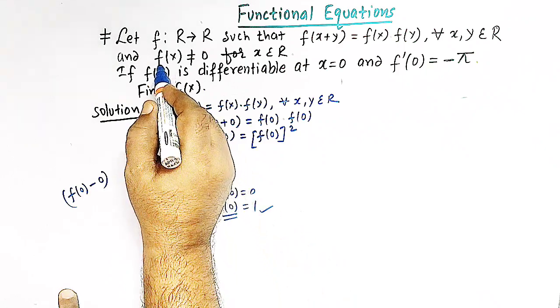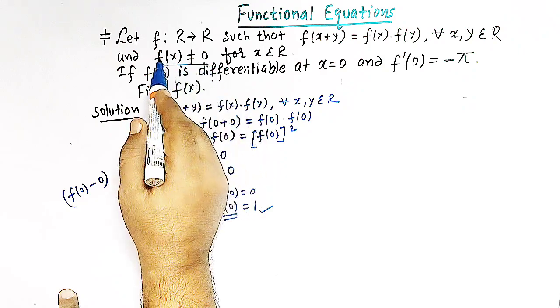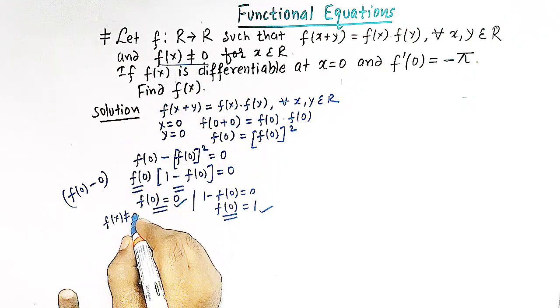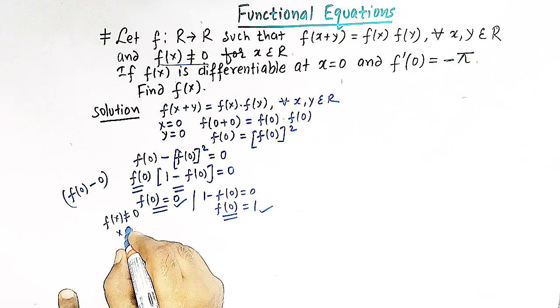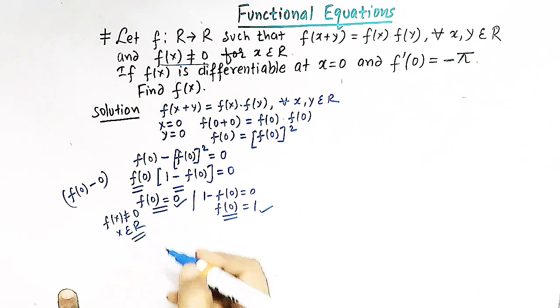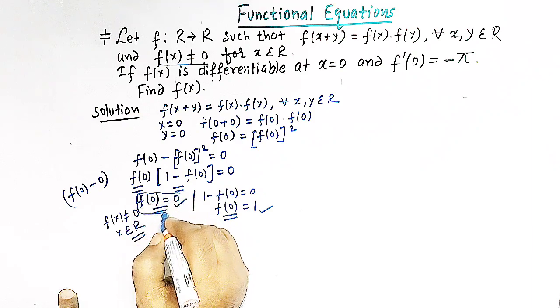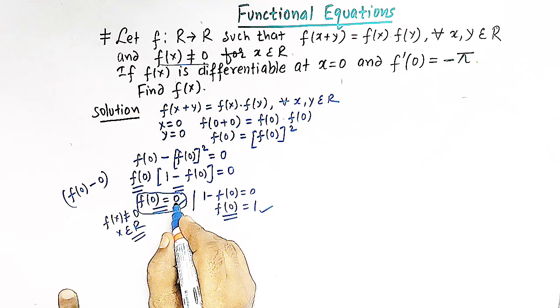Now see here we are given this condition, that is f of x is not equal to 0 for any x belonging to the set of real numbers. So here f of 0 cannot be equal to 0.